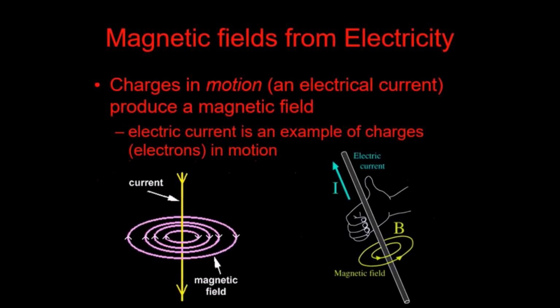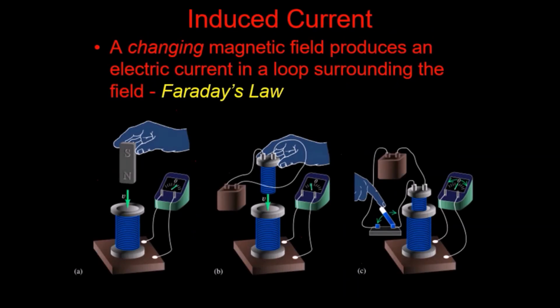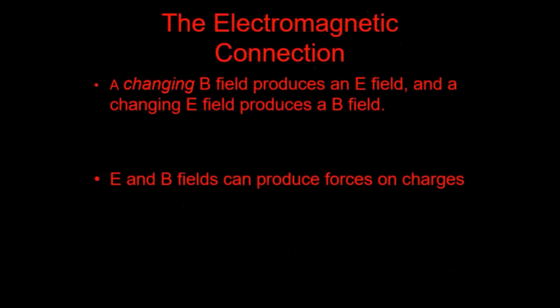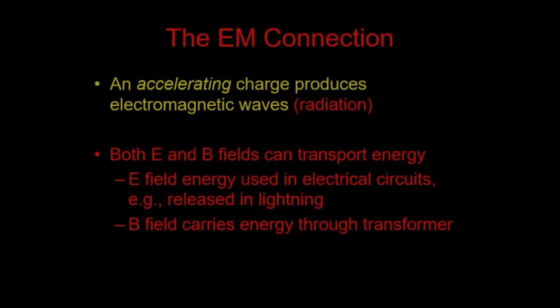And we've discussed this before in terms of charges being in motion and Faraday's law. So basically, a changing magnetic field gives a changing electric field, and a changing electric field produces a magnetic field. And electric and magnetic fields can produce forces on charges.